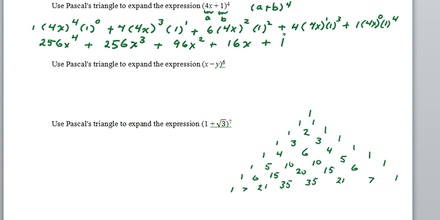Now in the second problem, we are going to expand x minus y to the sixth. And this is tricky because it's going to result in alternating signs. So I'm going to think about this as x plus the opposite of y, or negative 1y, all raised to the sixth. We know there will be 7 terms.